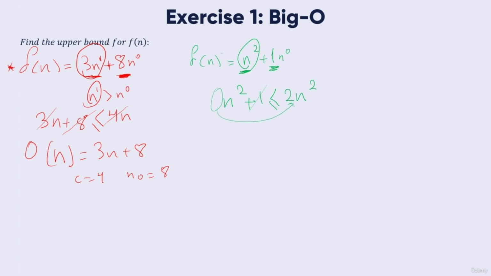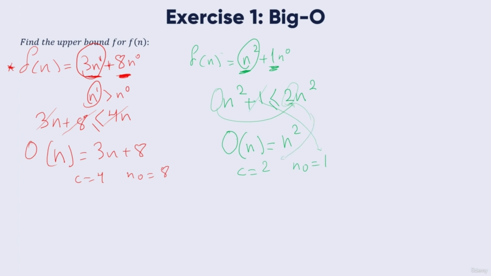Okay? So n squared plus 1 is less than or equal to 2n squared for every n greater than 1. Therefore, the big O notation of this function is n squared. It's very simple. We are just getting the highest n order of the function. And c is equal to 2 here, and n0 is equal to 1. This is the constant. It's very simple. Okay, guys?